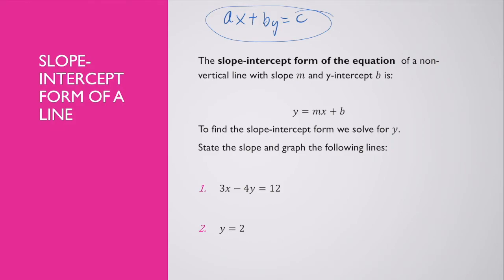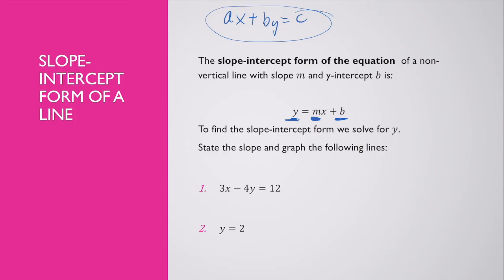If I solve for y and get it into slope-intercept form, I automatically know my slope, so I know how steep in an uphill or downhill direction it is, and I know my y-intercept, so I know where my graph crosses the y-axis. Let's find the slope-intercept form of these equations.